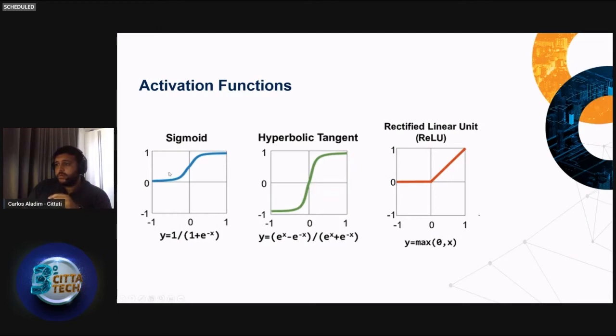For example, here we have the sigmoid: if we receive a negative value, it will be less than 0.5, and the minimum value is really close to 0. And if it's a positive value, it will get closer and closer to 1.